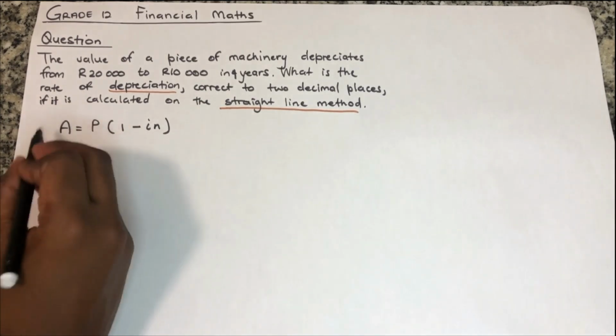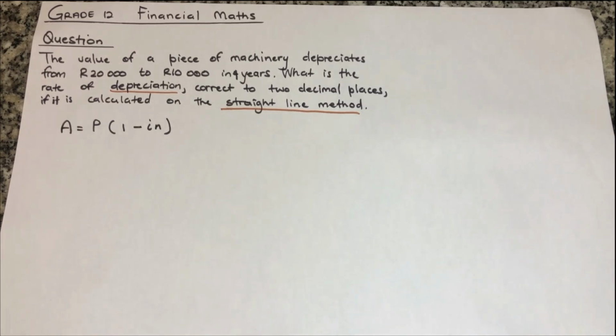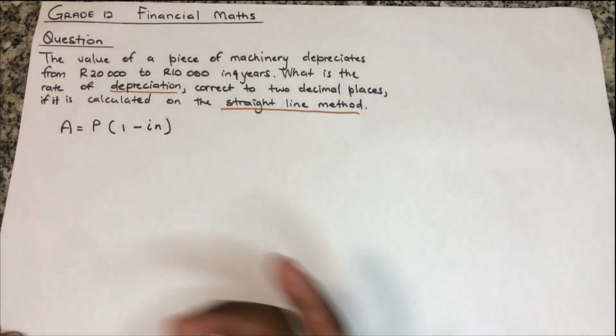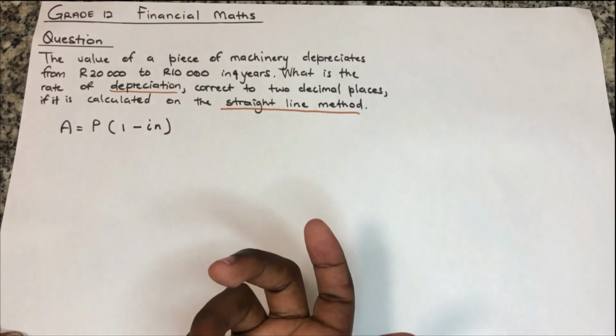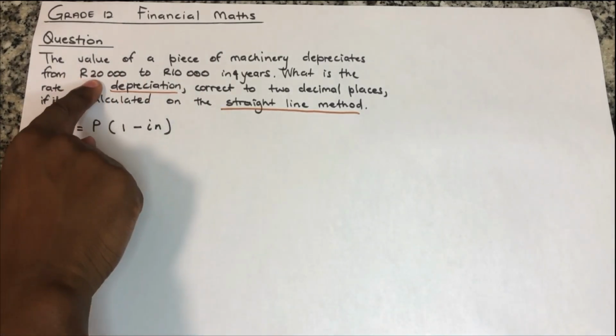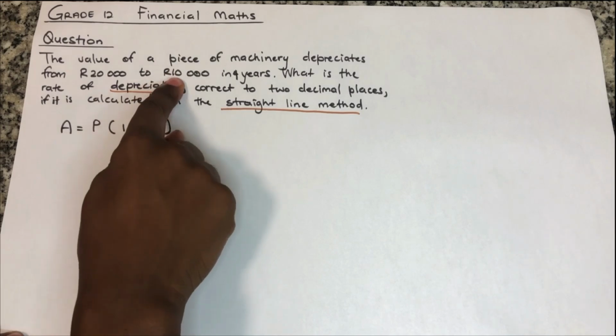Alright, so what's the accumulated amount? Remember that initially, the principal amount means that the machine cost 20,000 rands, but after 4 years it depreciated to cost 10,000 rands.